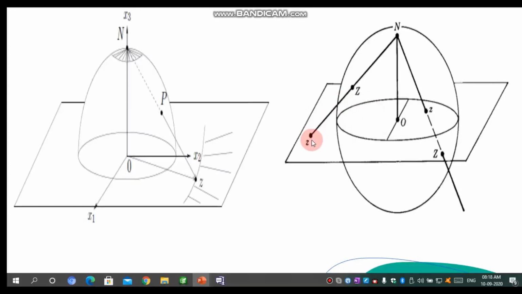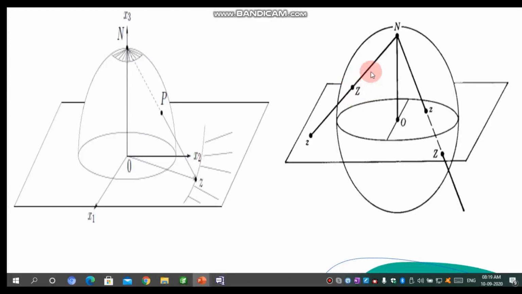Now, for each z in C, consider a straight line in R3 joining the point small z on C to the capital N. This line intersects the sphere at a point capital Z, which is clearly not equal to N. So we identify z with this point capital Z on the sphere.